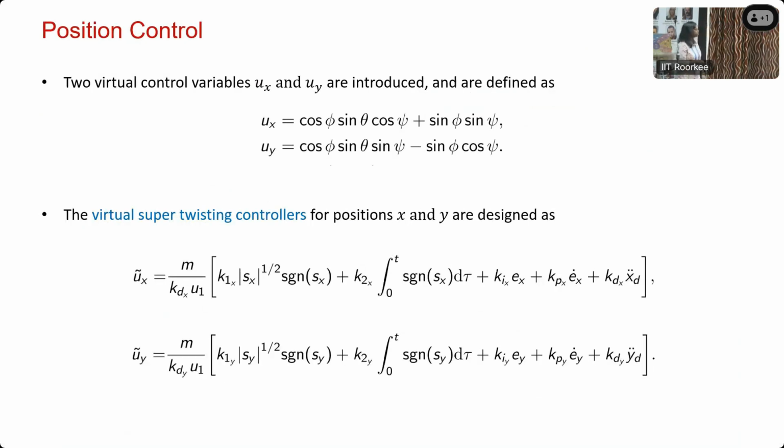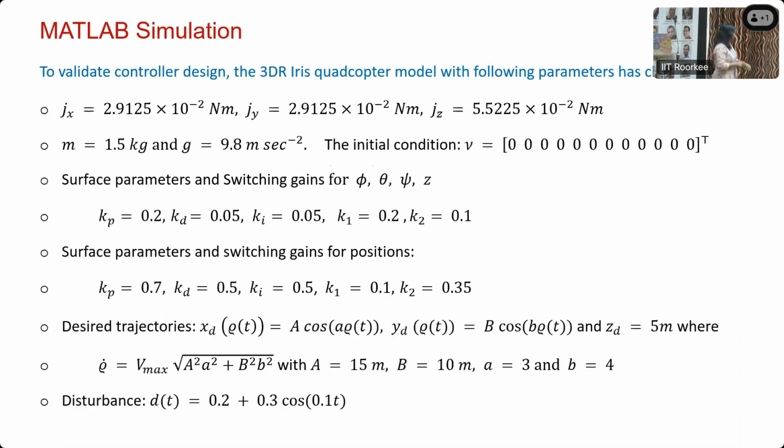And then we have done the MATLAB simulation, and we have basically used this 3DR Iris quadcopter model because this was in Gazebo. So basically all the model values, moment of inertia and mass, we have picked from there, and in MATLAB also we have used the same values.